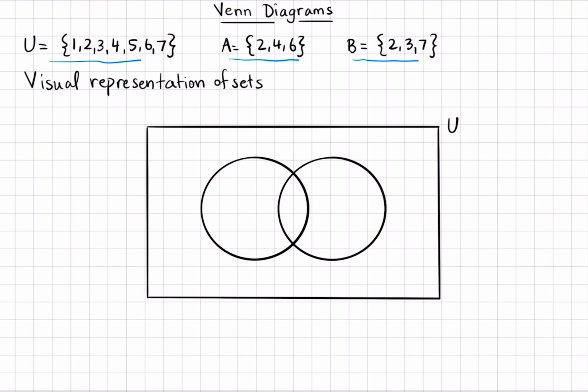So we have 2 circles here for sets A and B. Think of this circle as set A and the circle as set B. And when we want to show some set operations that happen between these sets, we use shading, which I'll show you in a second, to show which elements we are talking about.